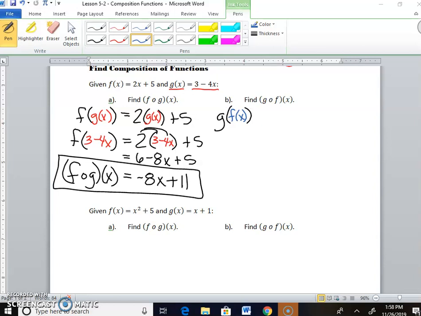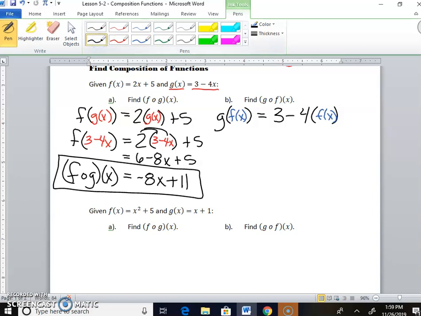So if we look at this, our g function was 3 minus 4 times x. Well, I have an f of x plugged in here, so that means that I need to have my f of x plugged in over here.